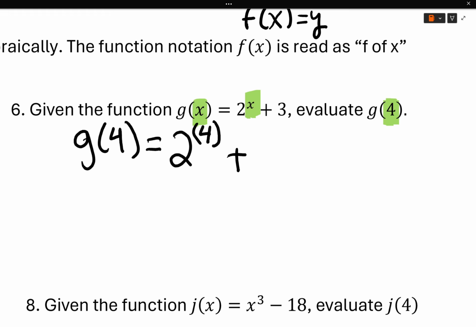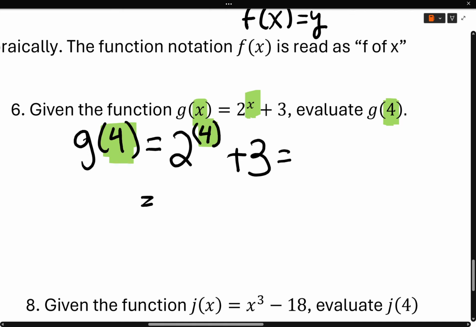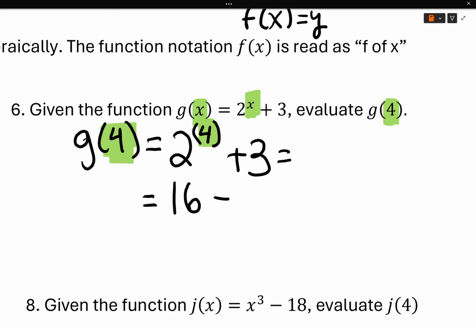Okay, anyways, sorry for the ramble. Let's plug things in. We've got g of 4 equals 2 to the power of 4. And you're not wrong if you put parentheses. I'll put parentheses just to stay consistent, but you really don't need them up there. 2 to the power of 4 is 2 times 2 times 2 times 2, which gives us 16. 16 plus 3 is 19.